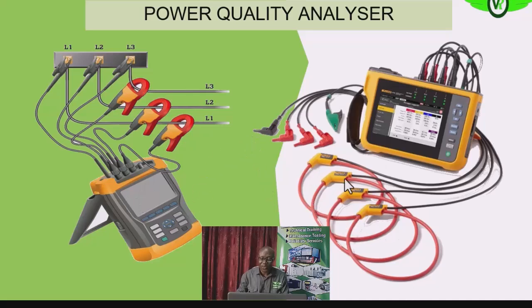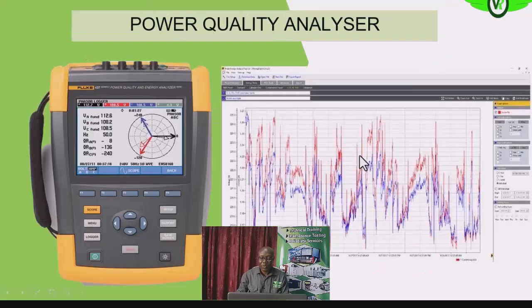So this is the current probe and these are the potential leads. You have this for earth, neutral, line 1, line 2, line 3, and also neutral, line 1, line 2, line 3. That is what you are seeing on your screen now.